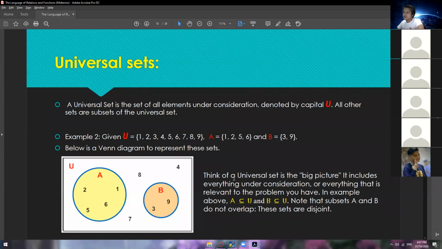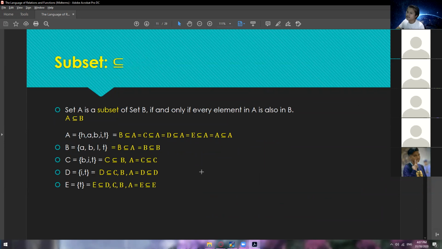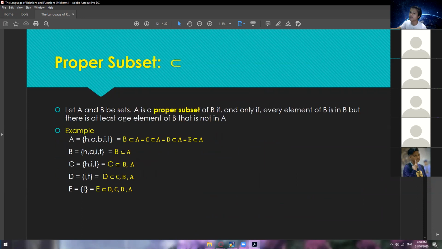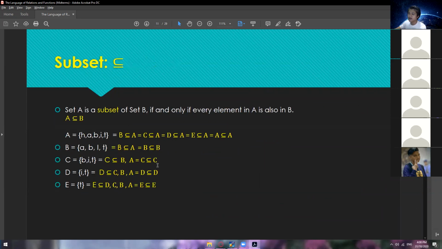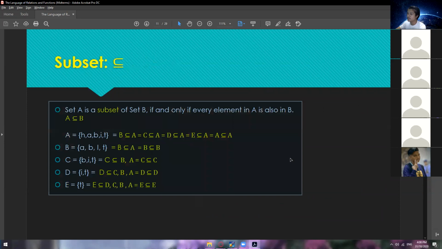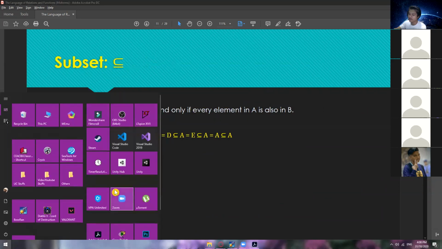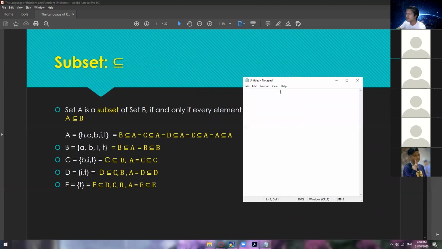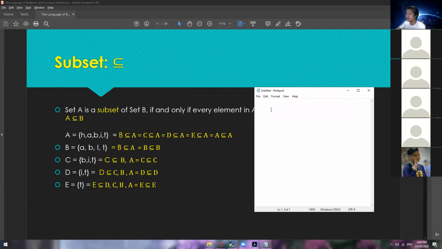Moving on. Let's recall. We already discussed subset and proper subset last meeting. But instead of using the same numbers, I will use other numbers to make it different, because those were what we used last meeting. So let's say I have a set 2, 3, 4, 5.